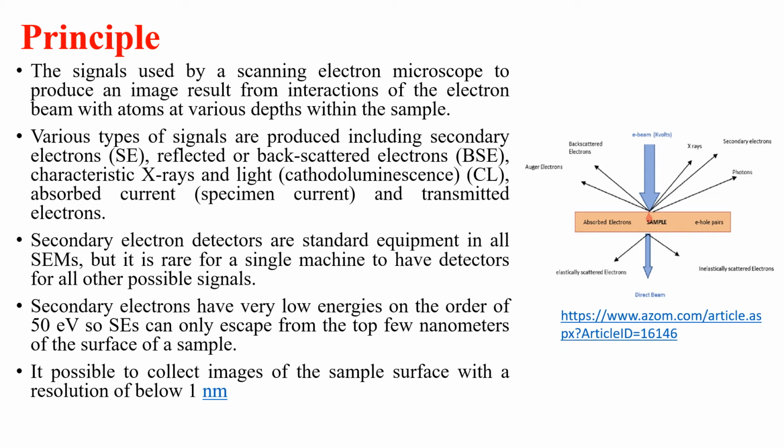It is possible to collect images of the sample surface with a resolution of 1 nanometer. So we have to keep in mind that even though there are a number of electrons, only secondary electrons are collected in the detectors, and accordingly we get an image of the sample surface.